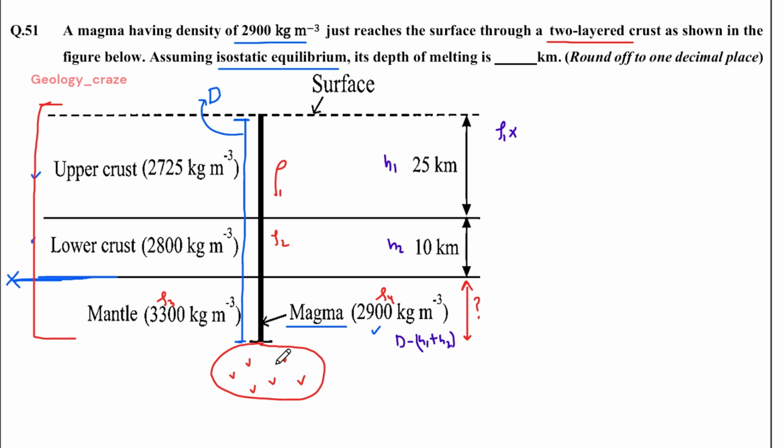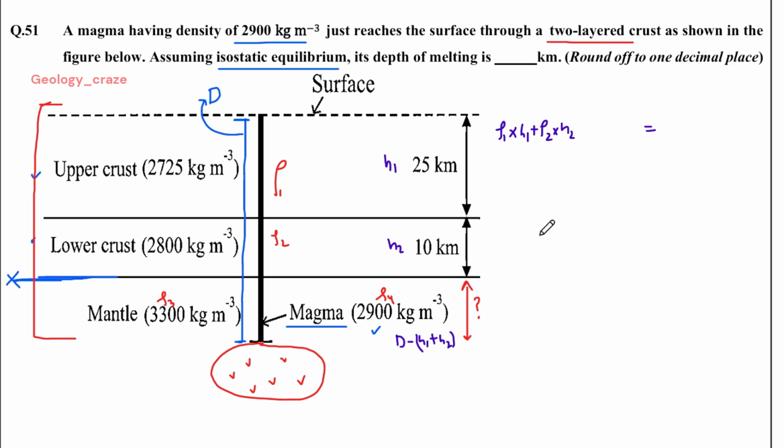So now we will make our formula. How do we make equilibrium? We multiply rho 1 into h1, the first layer. In a similar way, the second layer also, rho 2 into h2.